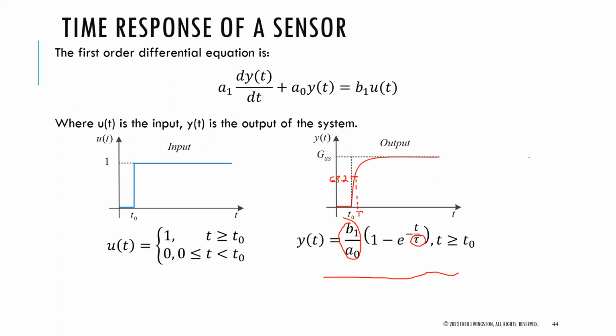And that's also equivalent to, in the Laplace domain here, a sensor or a plant model we may call G of S, for plant, has a generic function in the Laplace domain of G_SS over tau s plus 1. And that looks the same if you plot it in the time domain, it looks like this here.